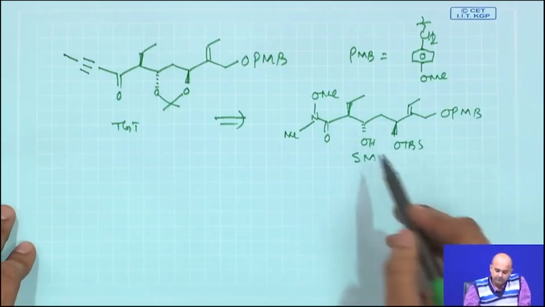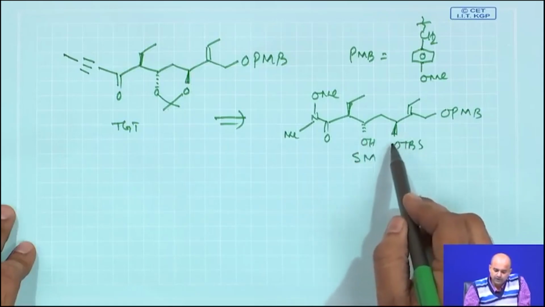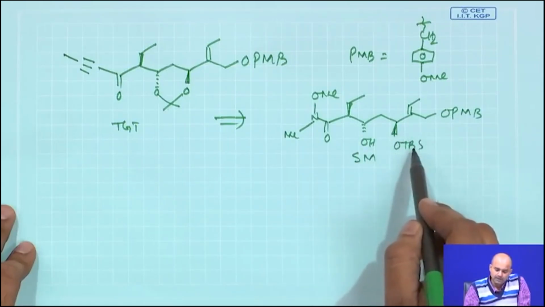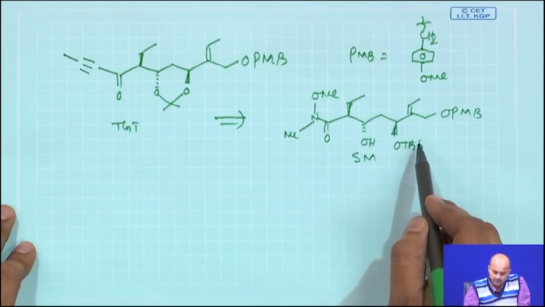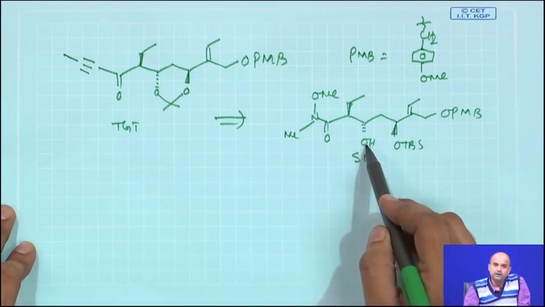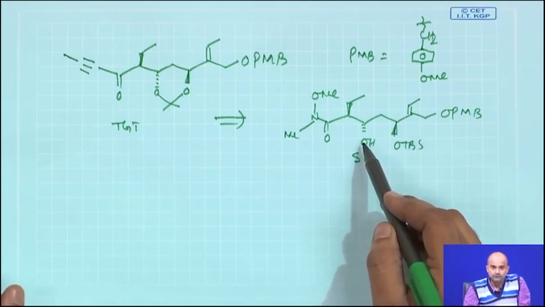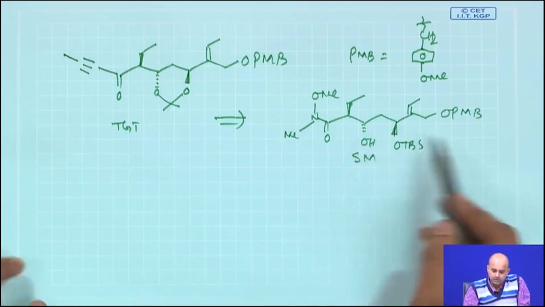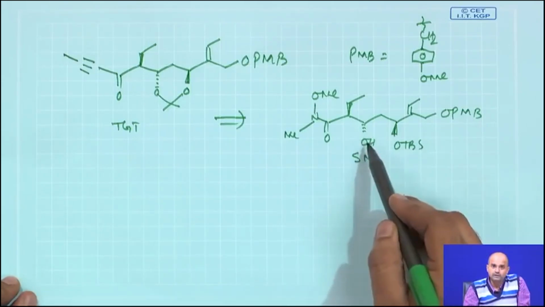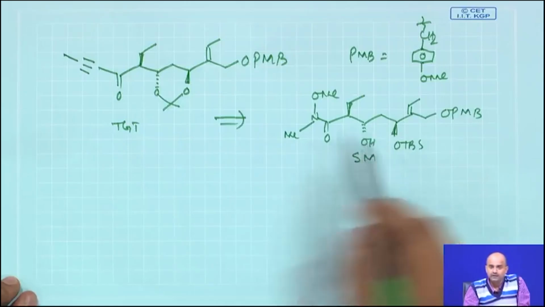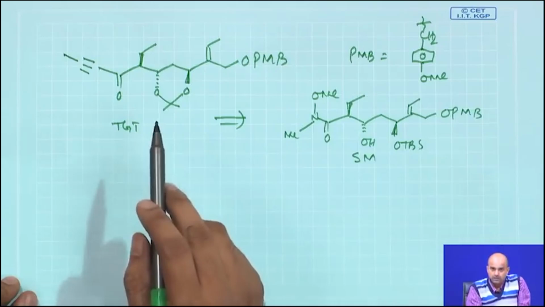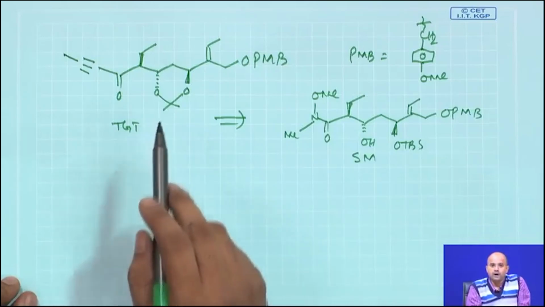And then you see one of the secondary alcohol groups already has a TBS protecting group, but this alcohol is free. As I said, in the Weinreb ketone synthesis you need to have a Grignard or lithium reagent, which is a basic condition, so probably you need to protect the free hydroxy group which might hinder this Weinreb ketone synthesis.